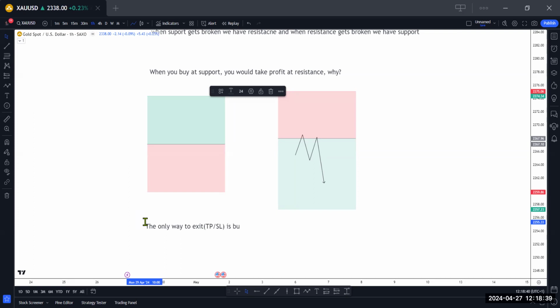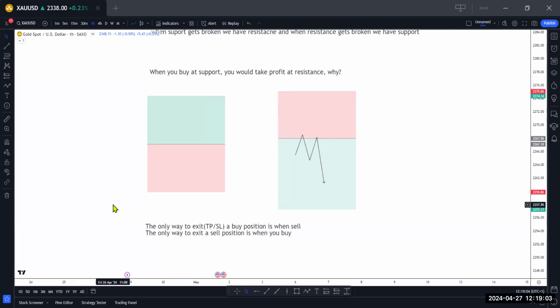The only way to exit a buy position is when you sell, and the only way to exit a sell position is when you buy. And these are very basic things in support and resistance, right?